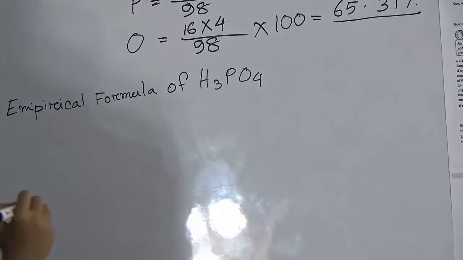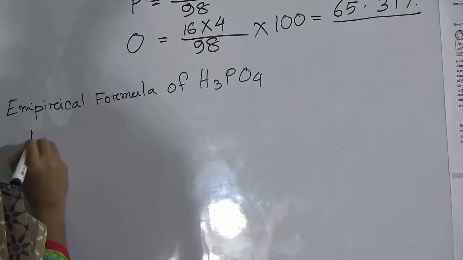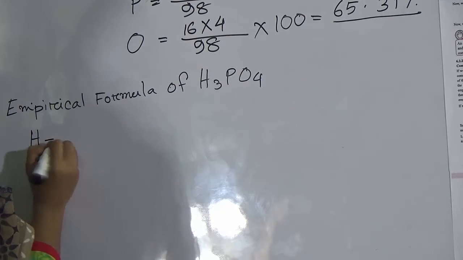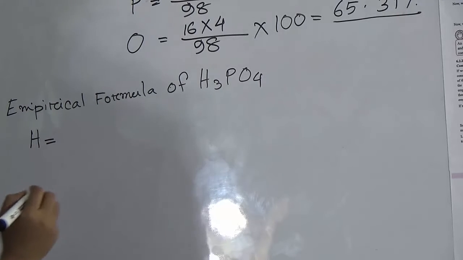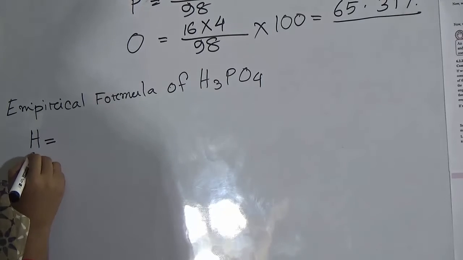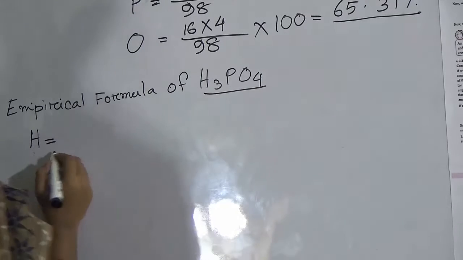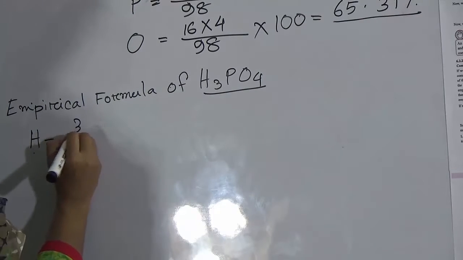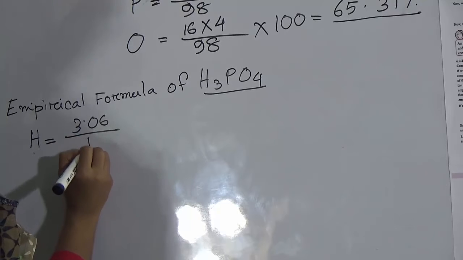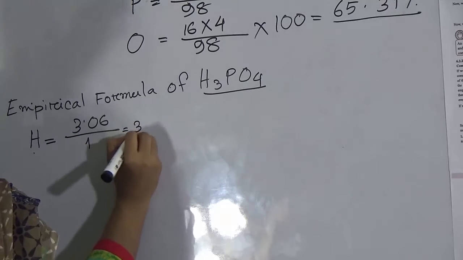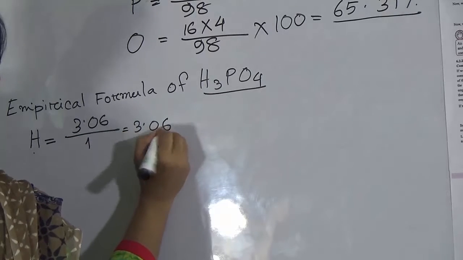We have to divide the percent composition by the atomic mass of that element. That means in phosphoric acid, the percent composition of hydrogen is 3.06 and hydrogen atomic mass is 1. So its result will be 3.06.